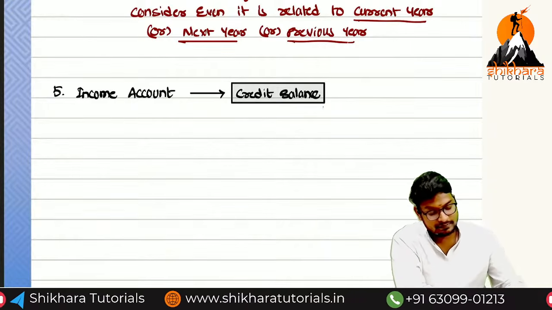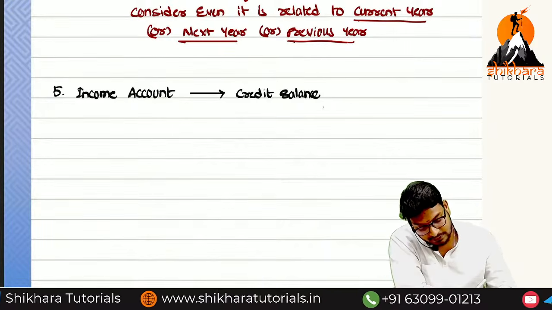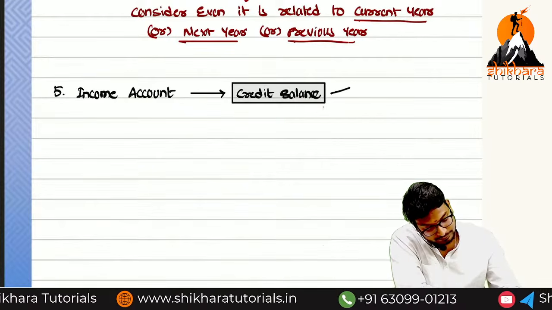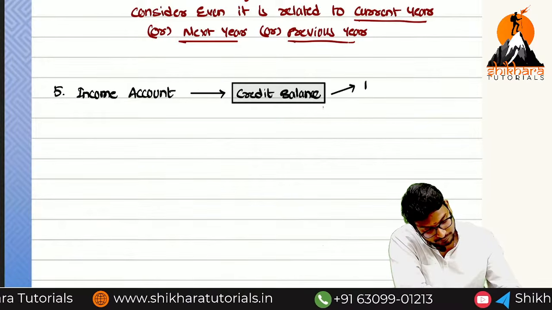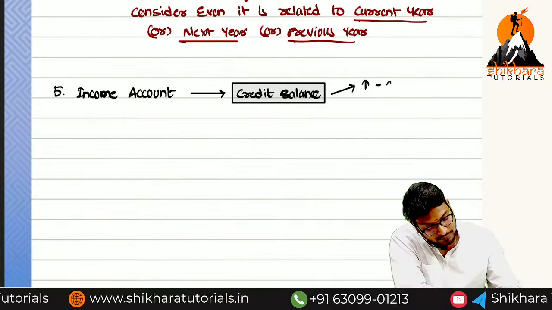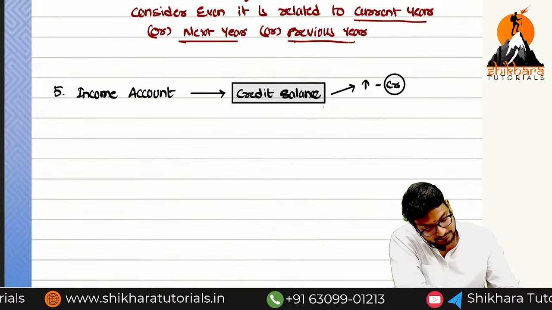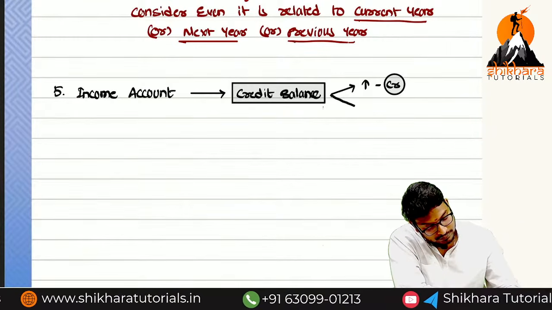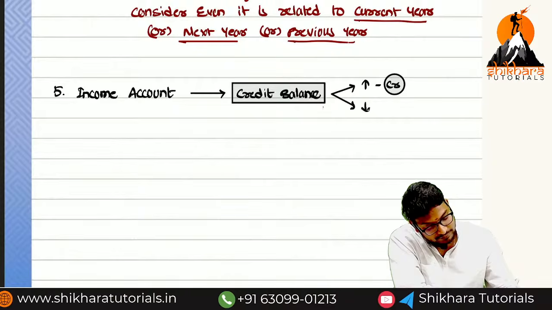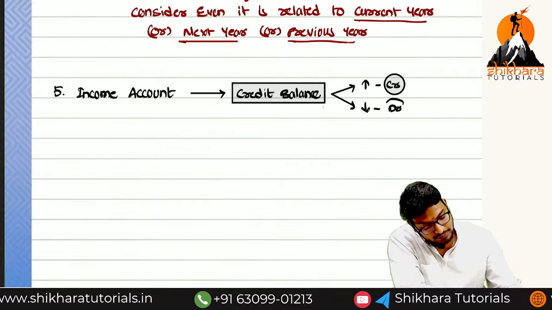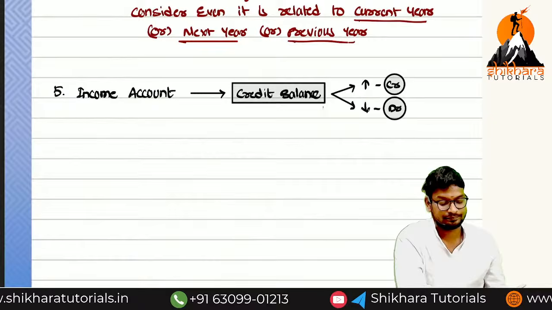So credit balance, if the credit balance increases, what do we need to do? We have to record on the credit side. If the credit balance decreases, what do we need to do? We have to record on the debit side. Okay, now.